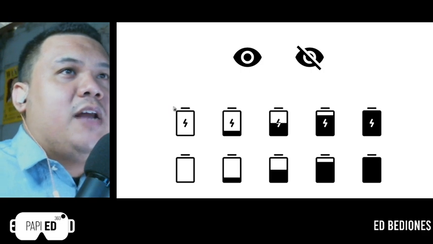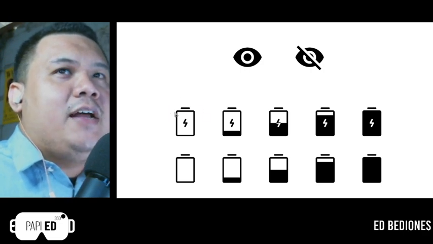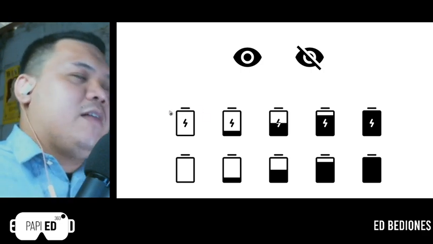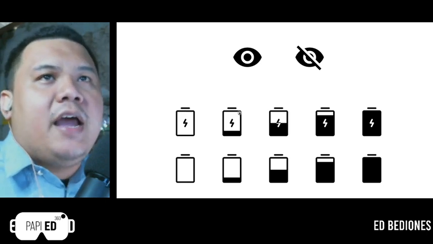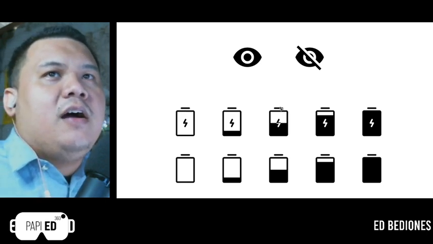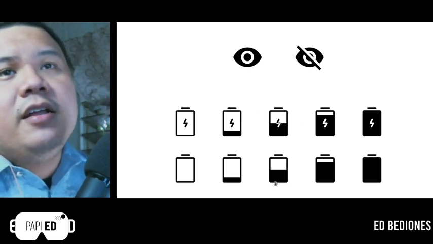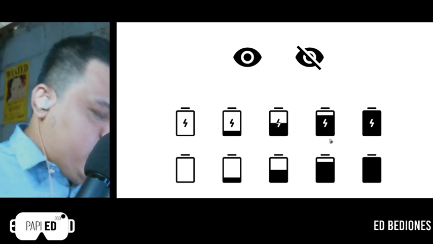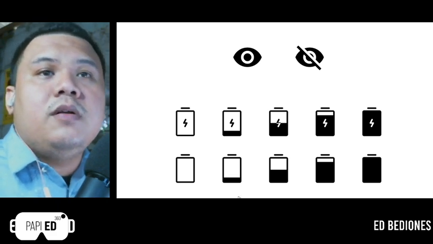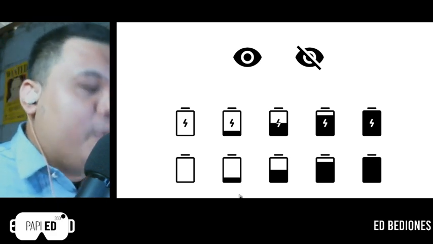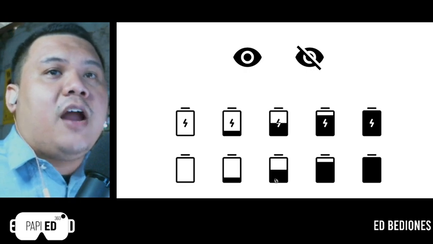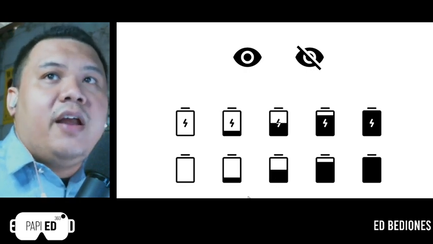Ayan, pag napansin mo na wala nang laman, wala nang black area, it is malapit nang maubos, di ba? 10%, 50, 75, mga ganun, or 80, and then full charge. Ayan. So, showing status is very, very important. Therefore, icons are very important too.